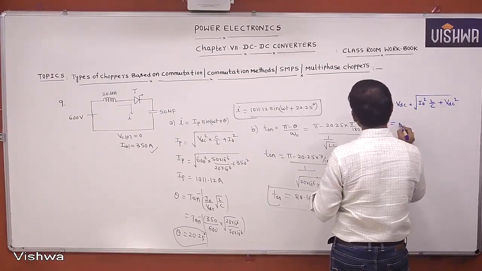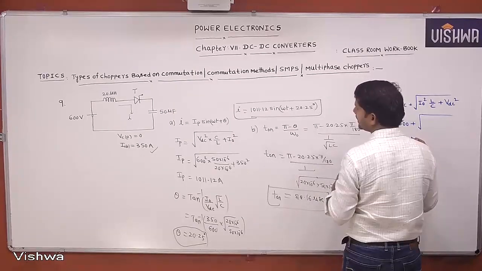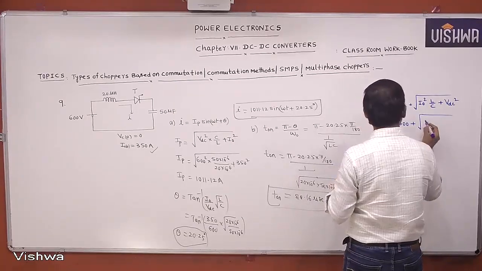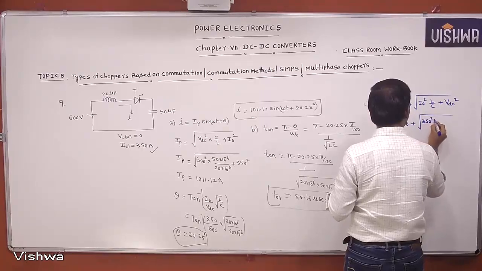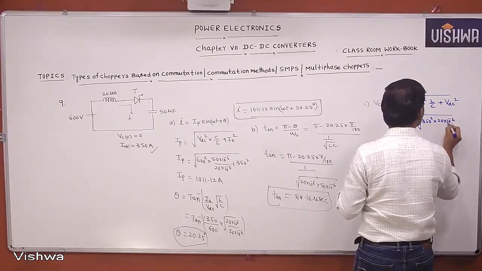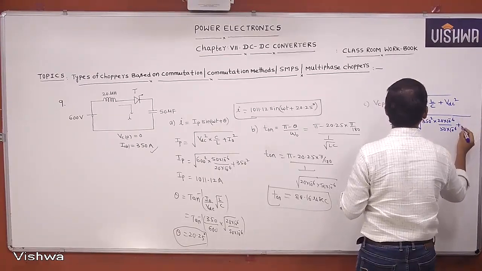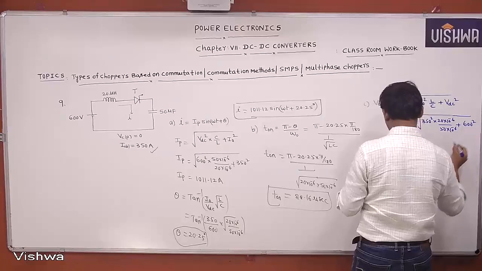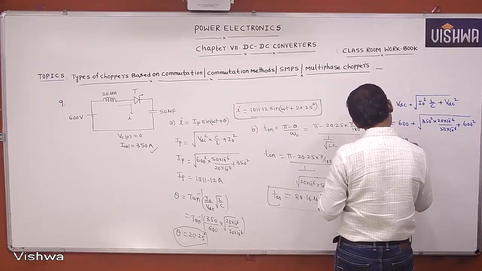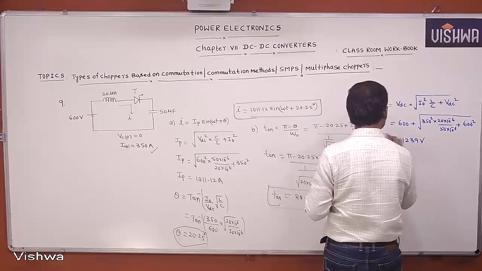So 600 plus square root of 350 square into L, 20 microhenry, by C, 50 microfarad, plus VDC square, 600 square. Then you get 1239 volts. This is the peak voltage across the capacitor.